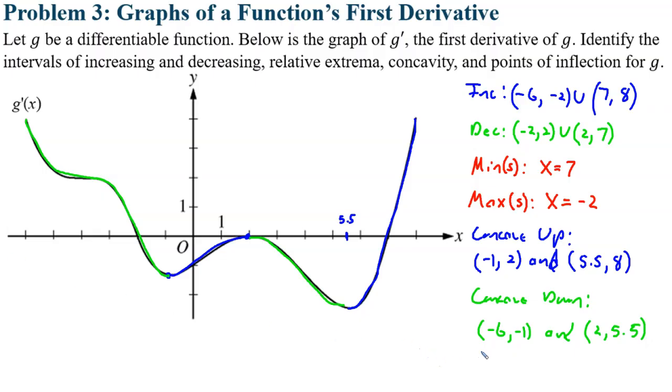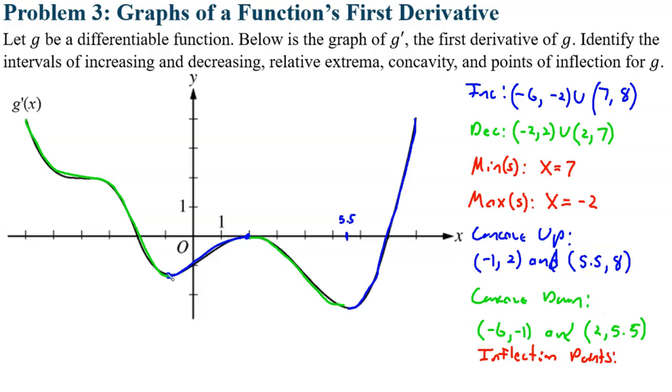All right, last thing then, inflection points. Those are going to occur where my original function, g of x, changes concavity. In other words, that's where our derivative switches from increasing to decreasing.